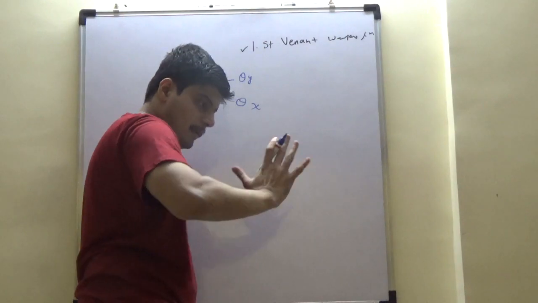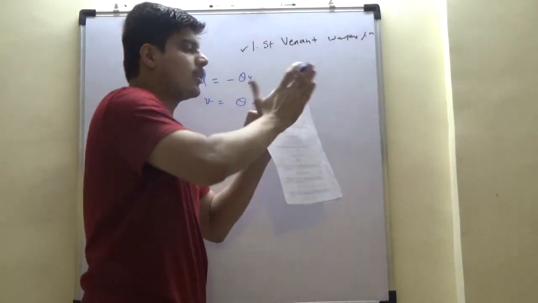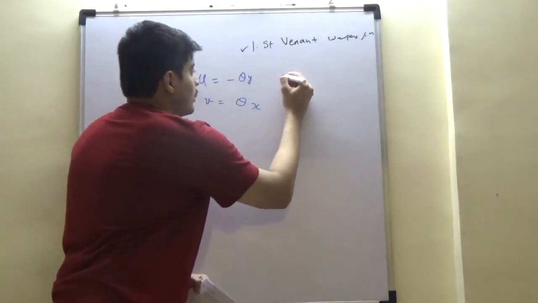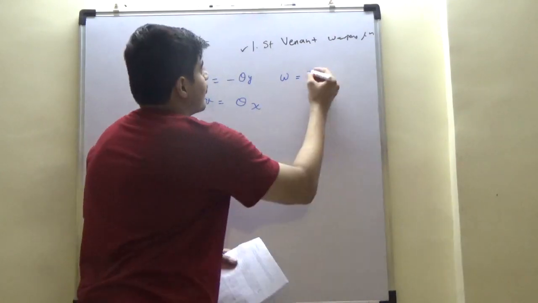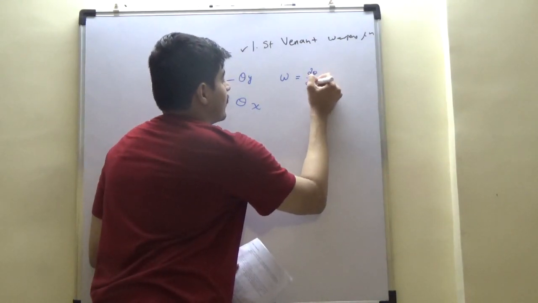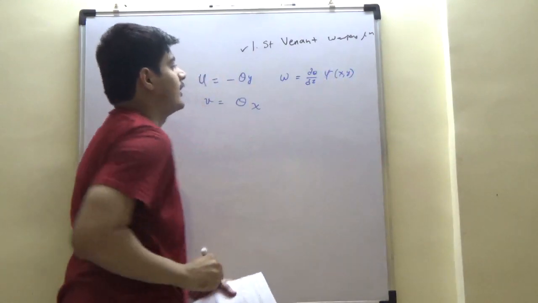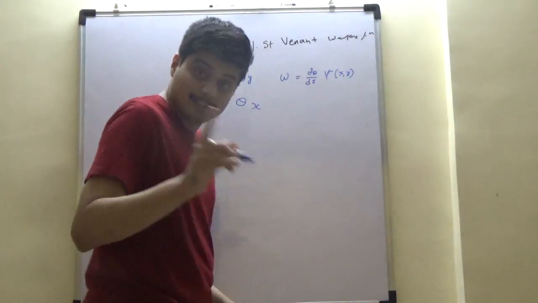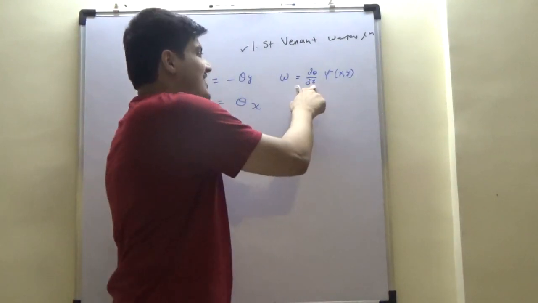Another thing is warping is because of the twist of each cross section. This disk is going to move and therefore some part of it is going to come out. So intuitively what Saint-Venant said is that warping is proportional to this, and he defined this as dθ/dz. Remember, dθ/dz is constant because we said the twist is a linear variation, so it is constant.